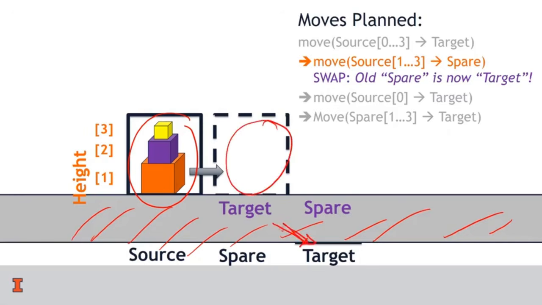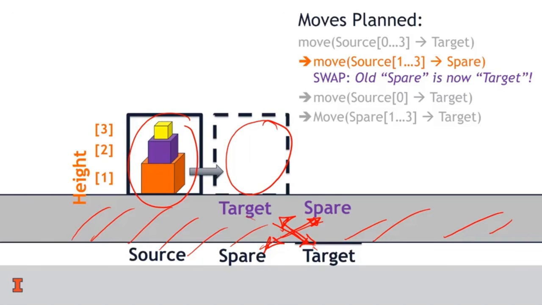So we wanted to put the 3 blocks into the middle stack so that the bottom tile can move to the far stack. So what happens each time we add a block on top of our stacks, we're swapping the target and the spare. Which stack we call the target and which stack we call the spare is entirely dependent on what round or what height we're on.